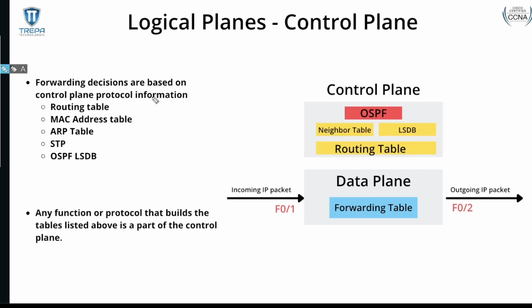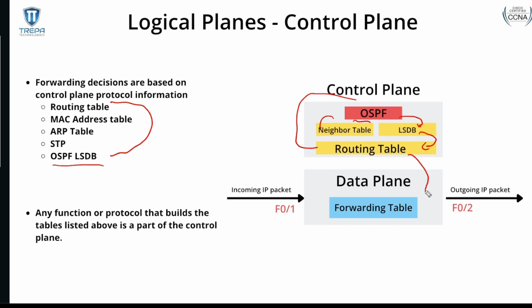Now the control plane. Forwarding decisions are based on the control plane protocol information. Some examples here: routing table, MAC address table, the ARP table, spanning tree, our OSPF link state database, or our EIGRP adjacency table. That's all control plane traffic. You can see here in our control plane, we have OSPF, its neighbor table, its link state database, and then that informs the routing table by taking the best routes, right?